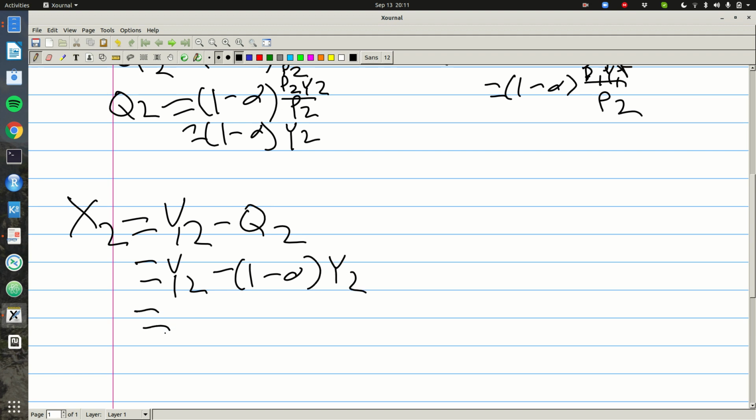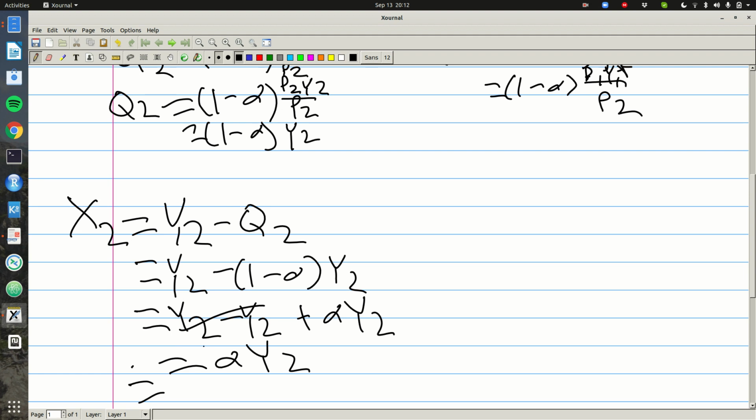And so this is just going to be equal to, well, I'll make sure I do out all the math, Y2 minus Y2 plus alpha Y2. These cancel, and so home's exports of good 2 are just going to come down to alpha times Y2. So that's a very similar result that we saw before.